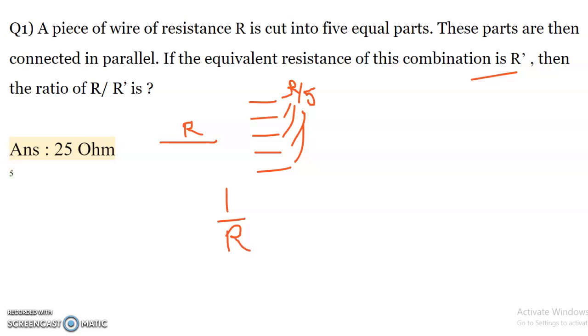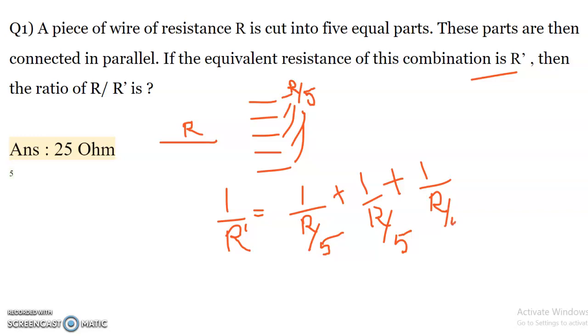just to find the equivalent resistance, 1 by R dash is equal to 1 by R by 5 plus 1 by R by 5. We need to write them 5 times for each of the 5 pieces. 1 by R by 5, again 1 by R by 5, and so on.